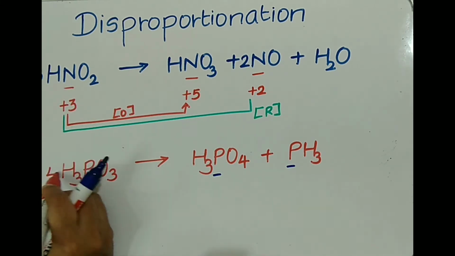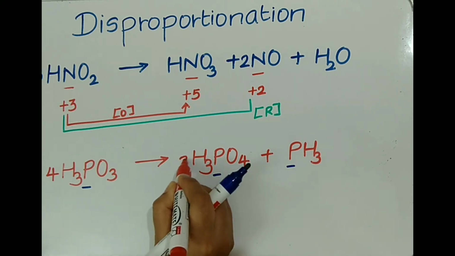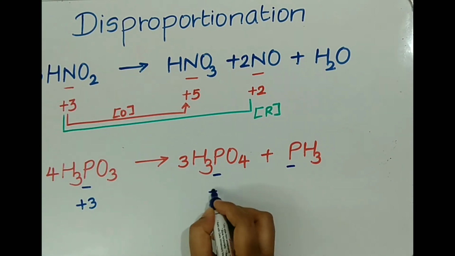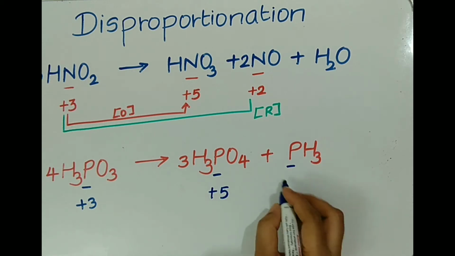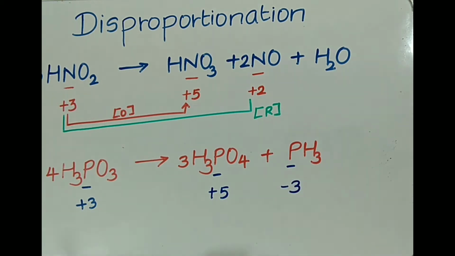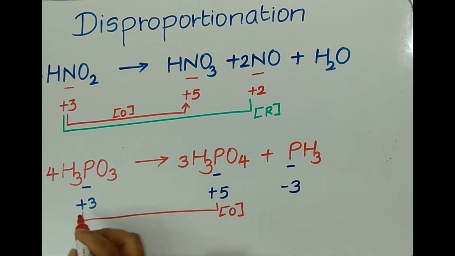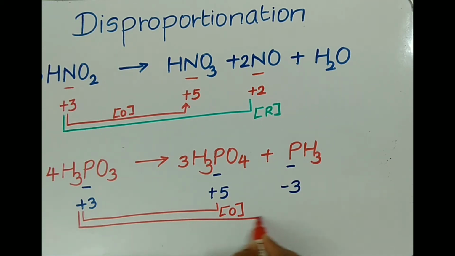Here it will be 4, here it will be 3. Check the oxidation state. For phosphorus it is +3, here it is +5, here it is -3. So you can see in this example +3 to +5 is increasing, oxidation, and +3 to -3 is decreasing, so reduction.